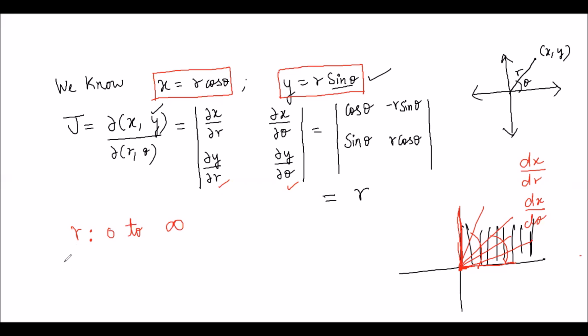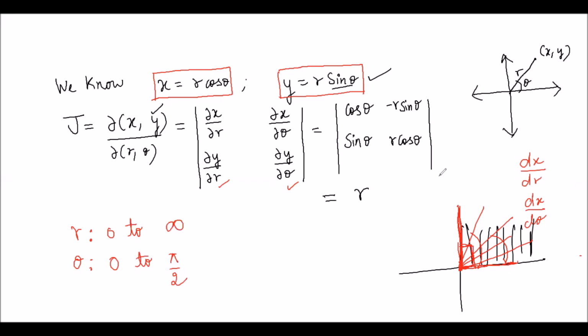And for theta, we can see from this figure that for the positive direction of the x-axis, theta is 0. And this is the last radial strip in this region of integration, and for this radial strip theta is pi by 2. So theta will vary from 0 to pi by 2.